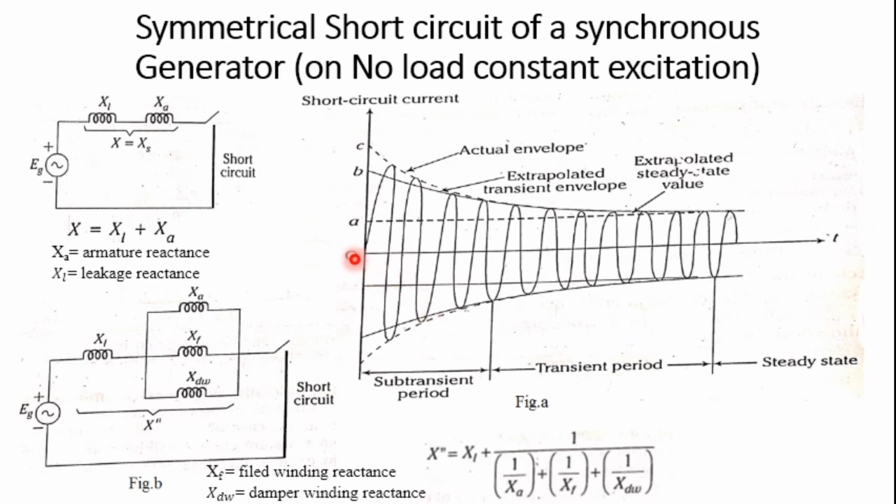You have to see the O, A, B and C values. A is subjected to the steady state, B to the transient, and C to the subtransient period. It is a composition of the DC offset and the symmetrical components of the current.